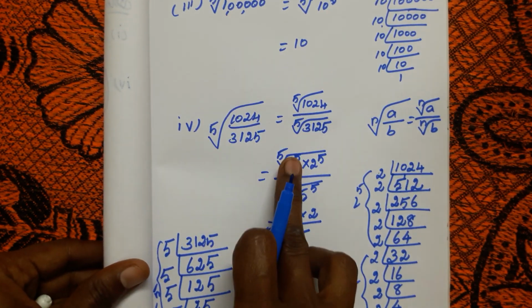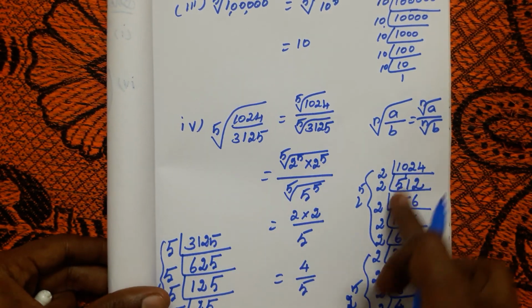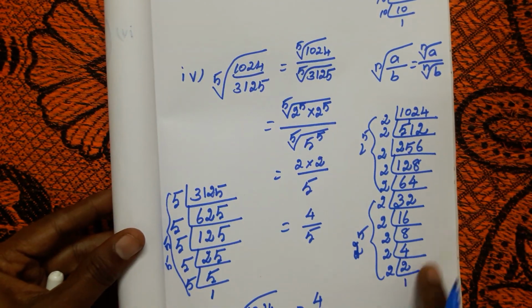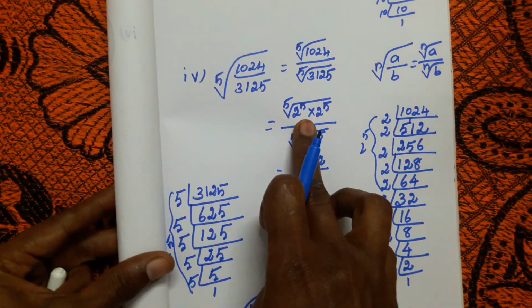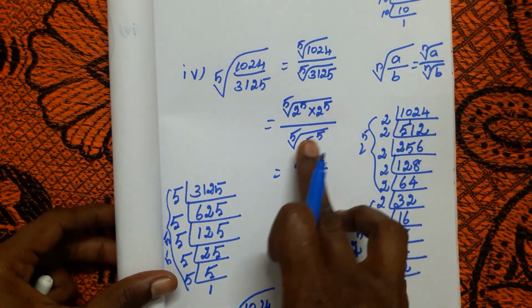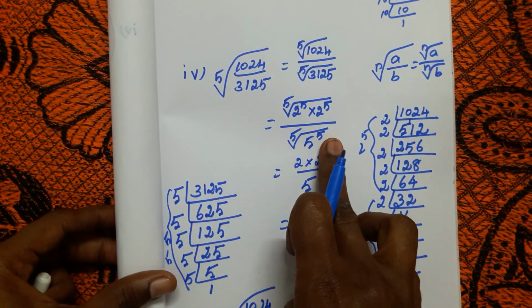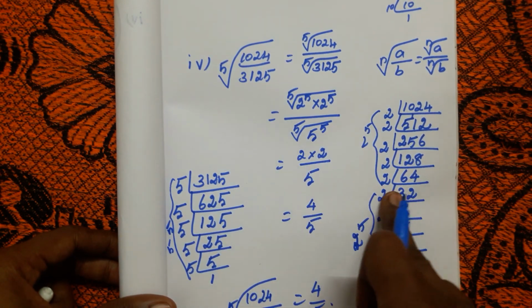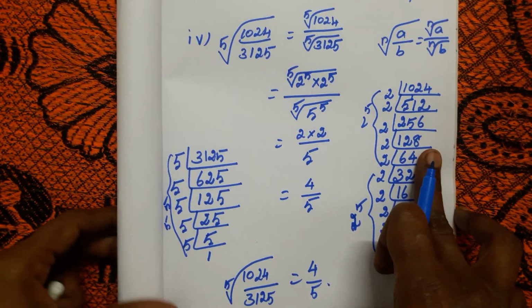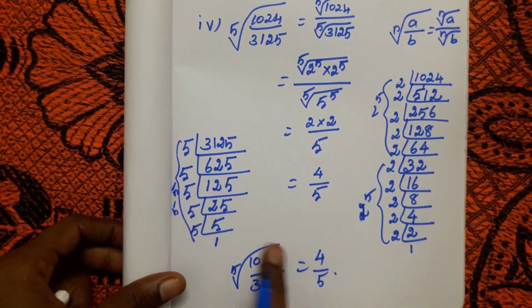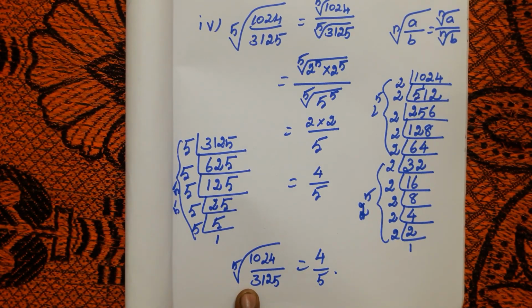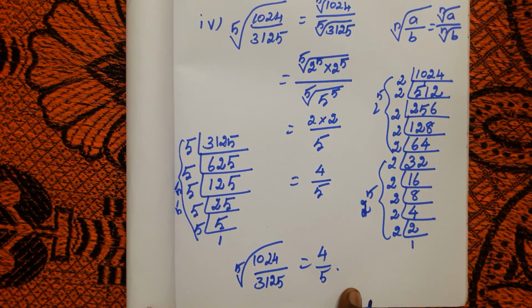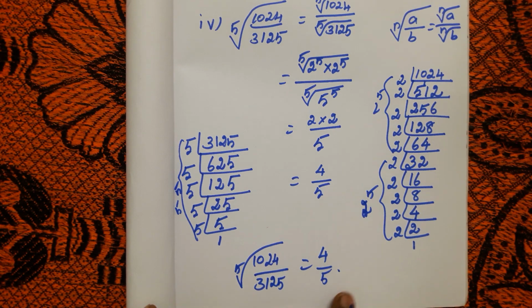Now, when we prime factorize, we get fifth root of 2 power 5 into 2 power 5 divided by fifth root of 5 power 5. It's equal to 2 into 2 by 5, which is 4 by 5. So fifth root of 1024 by 3125 is equal to 4 by 5. Can you understand that? Okay.